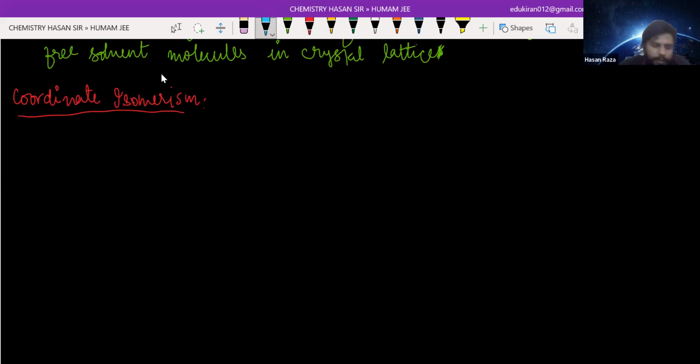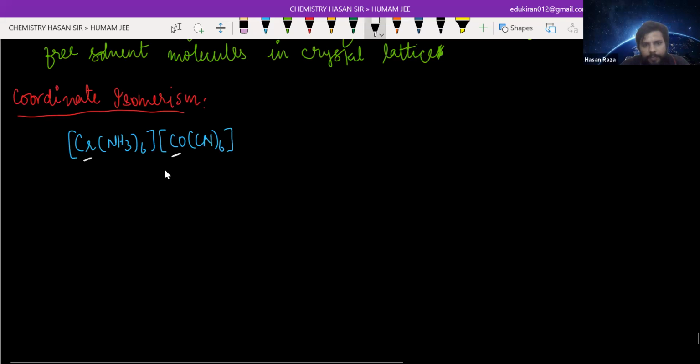This coordinate isomerism is possible only in this type of complex, where you will get a complex like Cr(NH3)6 and so on. These are one complex compound. Now, what will happen?